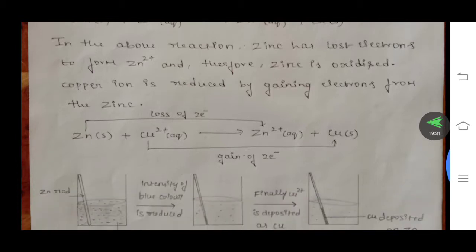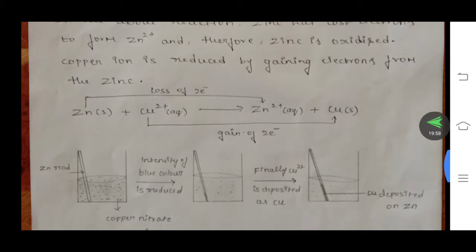Now see this reaction: Zn solid + Cu2+ aqueous gives Zn2+ aqueous + Cu solid. Checking zinc from left to right, zinc is losing 2 electrons and becomes Zn2+.